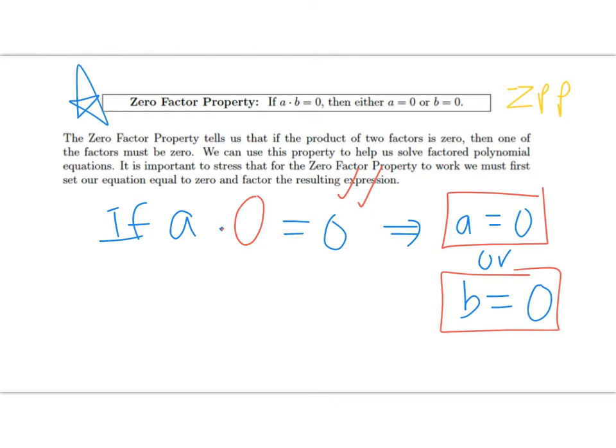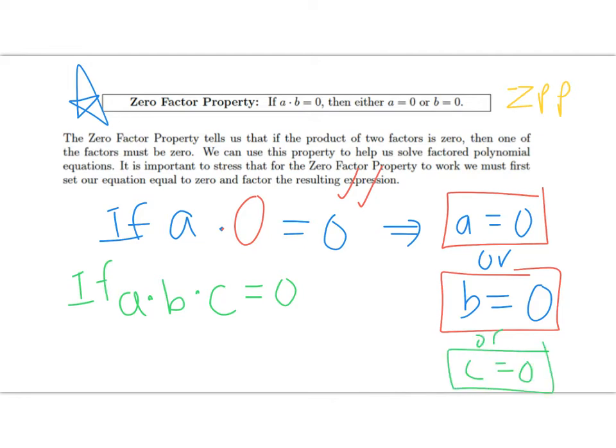And we can extend this. Let's say we have A times B times C equals 0. If that were true, then we'd have the same conclusion, but also perhaps C could equal 0. So this idea is huge when you go from just factoring expressions to solving equations by the process of factoring.